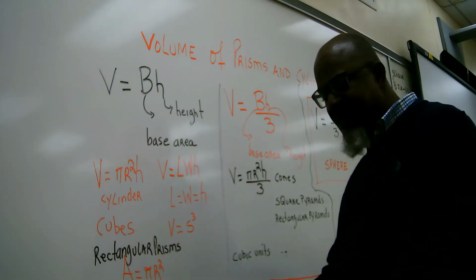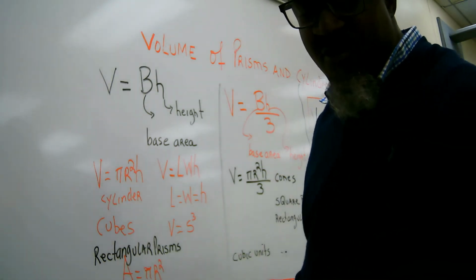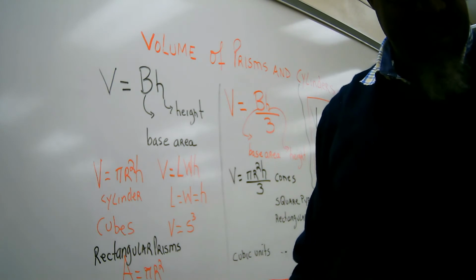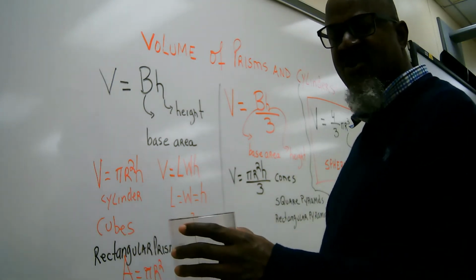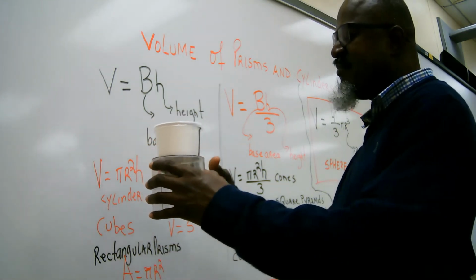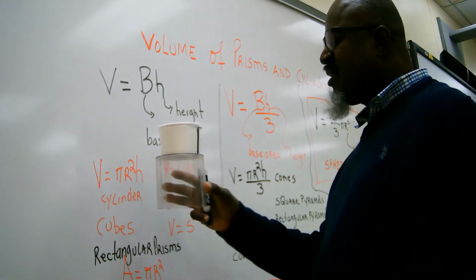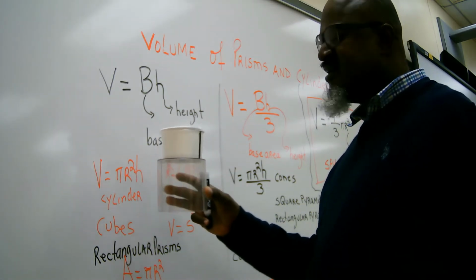The other option that you will face is when you have composite figures. For instance, you can have 2 cylinders, a bigger cylinder and a smaller cylinder, and you will have to find the volume of both of them. If one is on top of another, you find both volumes and you add them. That will be for composite figures.